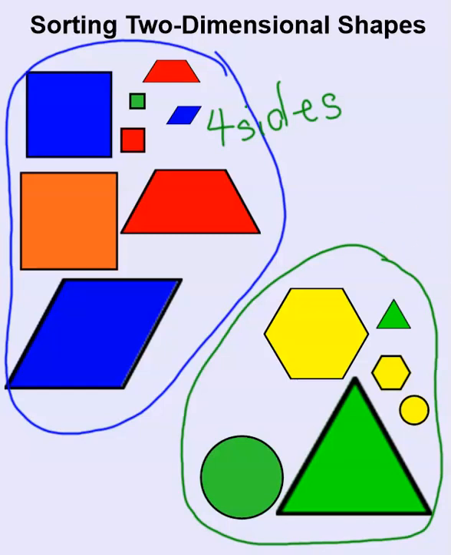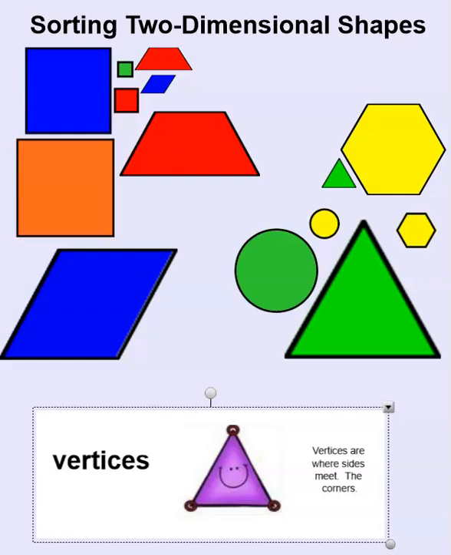Let's look at another attribute of that 2D shape. So we're going to look at another vocabulary word, vertices. And you learned about vertices in kindergarten, but vertices are where the sides meet. It's the corners.